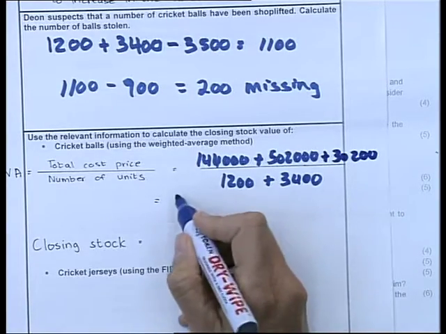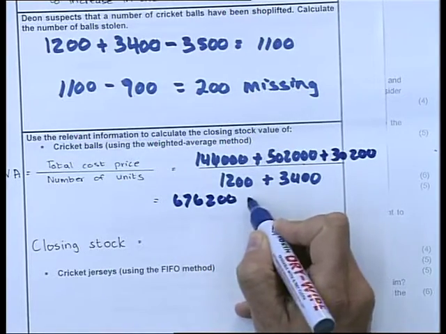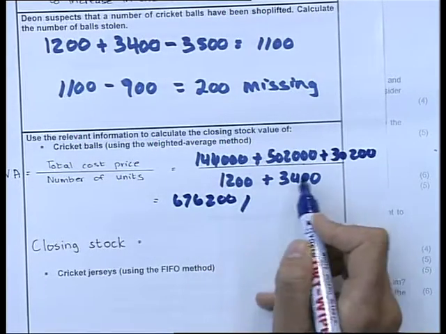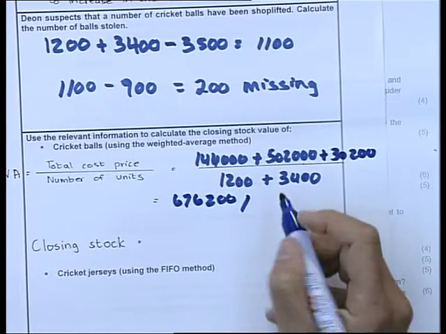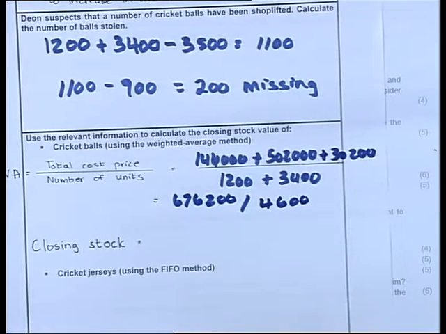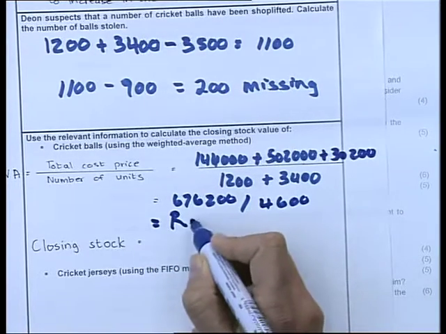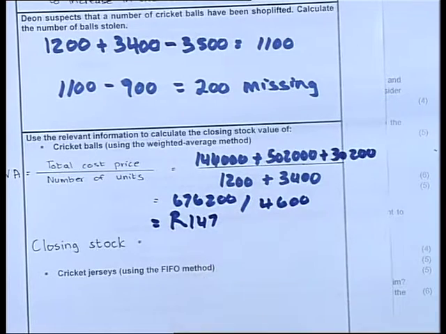Okay, so if we now go and do that, we add those at the top. We get 676,200 divided by 1,200 plus 3,400, the 4,600 units available for sale. We get an average price of 147.